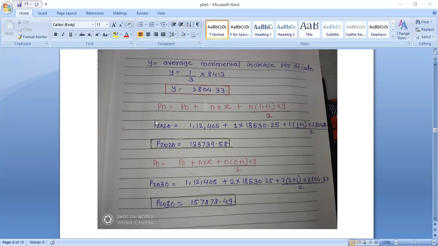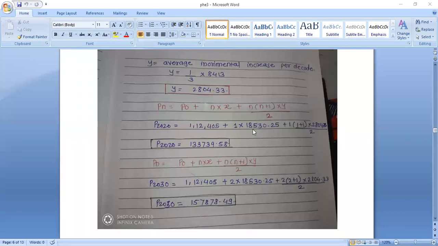Now see, Pn means for P 2020, the population for 2020 is equal to population for 2010, which is 1,12,405, plus number of decade is 1, that is 10 years, into the value of x.